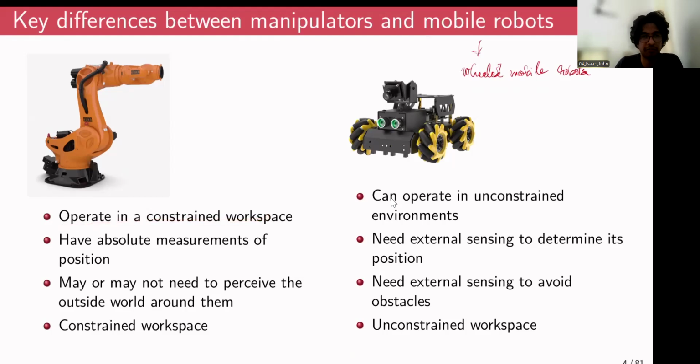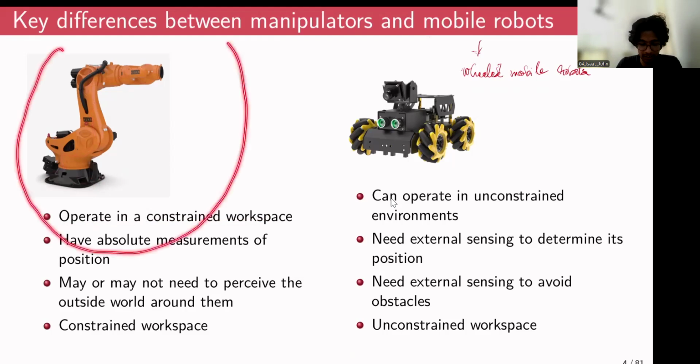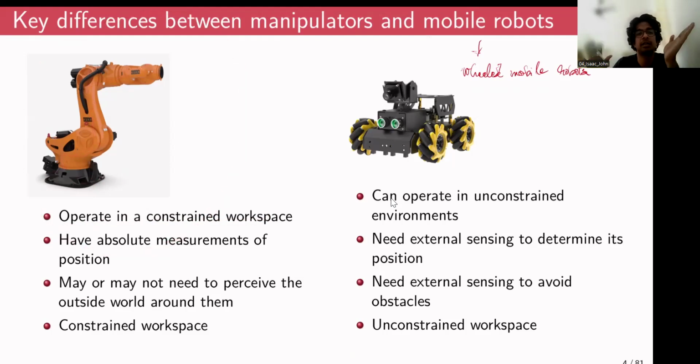Because as you know, in case of a manipulator, the base or the first link is always fixed to the ground, right? So if you know the motion of each and every link, you can have a very good estimate of the entire workspace. The entire workspace is very well defined.